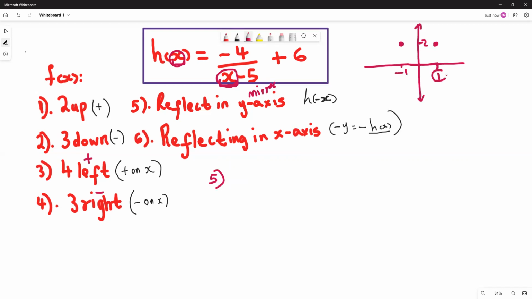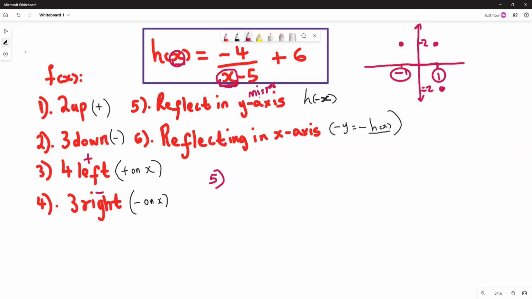You see, originally it was x. Now it's negative x in the y-axis. In the x-axis, it's going to be negative 2 and 1. So in the x-axis, what changes is y. It changes the sign. It's negative. So when you reflect in the y-axis, it means your y-axis is the mirror.